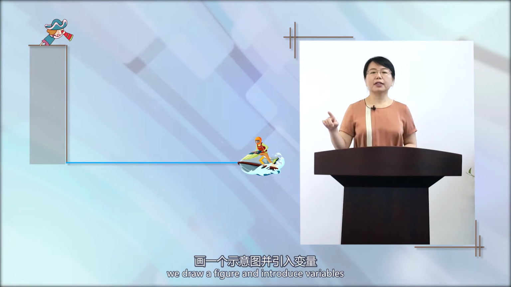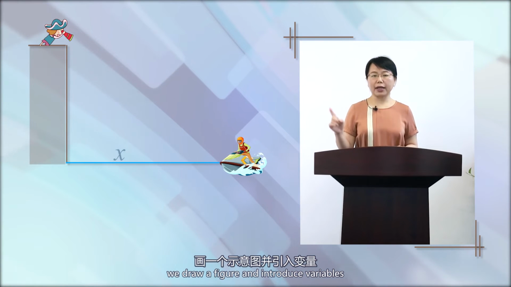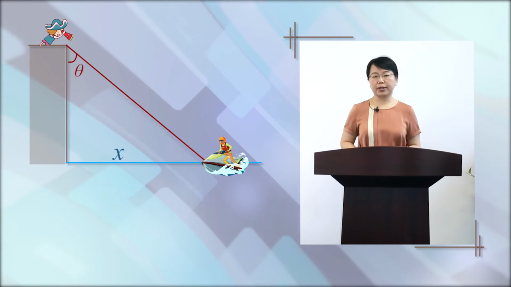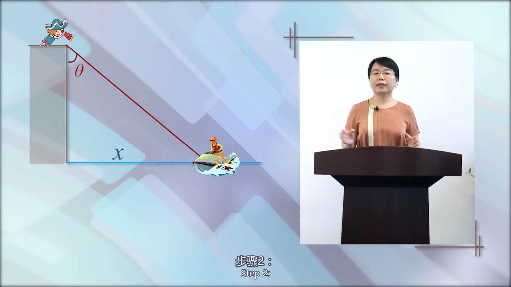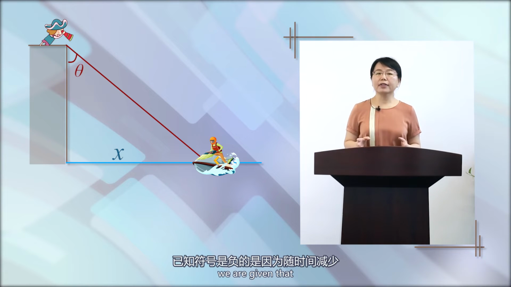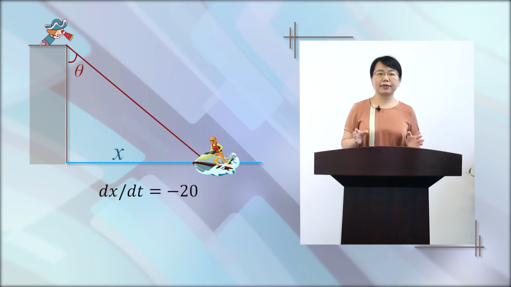All right, very good. Thank you. Now let's solve it, just using the steps that we talked about earlier. First, we draw a figure and introduce variables x and theta as shown. Second, we are given that dx/dt is minus 20.